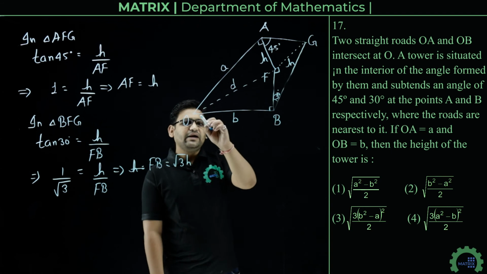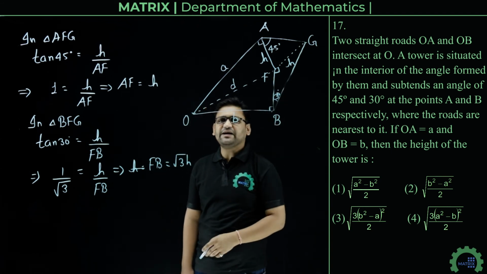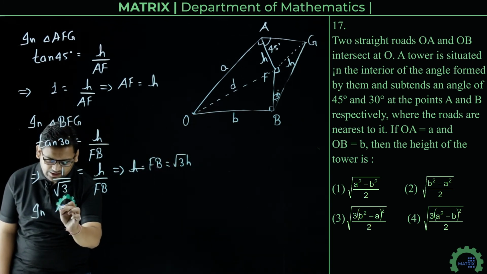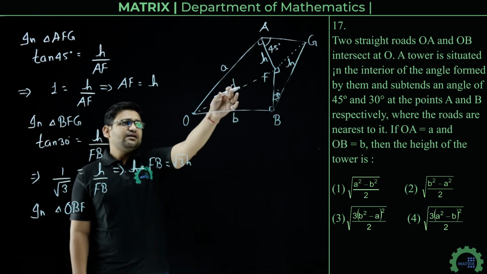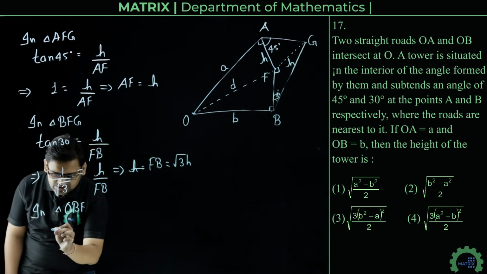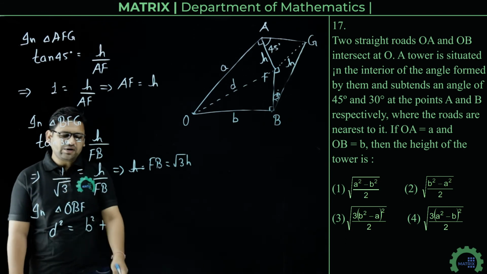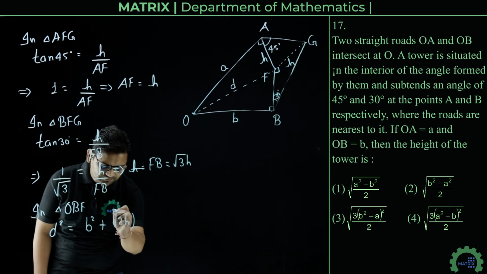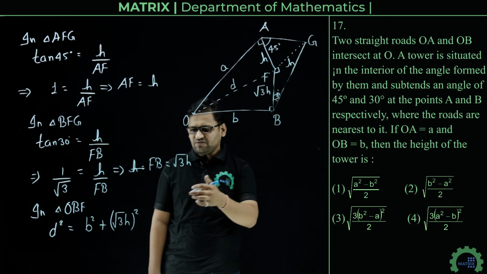Now in triangle OBF, we can apply Pythagoras theorem, as this angle is 90 degrees. So in triangle OBF, distance d square will be equal to b square plus fb square, and fb is root 3h, which we have found here.